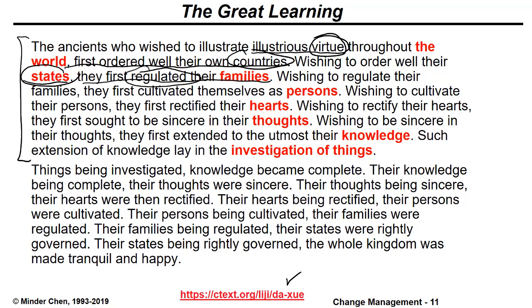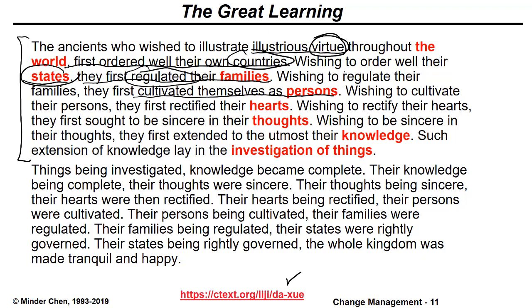people who wish to regulate their family first have to cultivate themselves as a person, which means manage and change themselves. And if you wish to cultivate your person, which means yourself, you must first rectify your heart, which means you need to manage your heart.